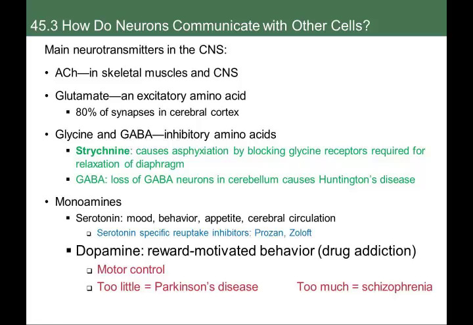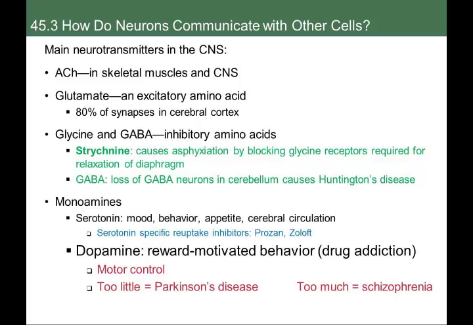And then dopamine is also extremely important for motor control. And in fact, it's been linked to very important diseases in terms of the quantity of dopamine. Basically, having too little dopamine is associated with the neurodegenerative disease, Parkinson's disease, where you get a lot of shaking and loss of muscle control. And then if you have too much, that's been correlated with cases of schizophrenia.